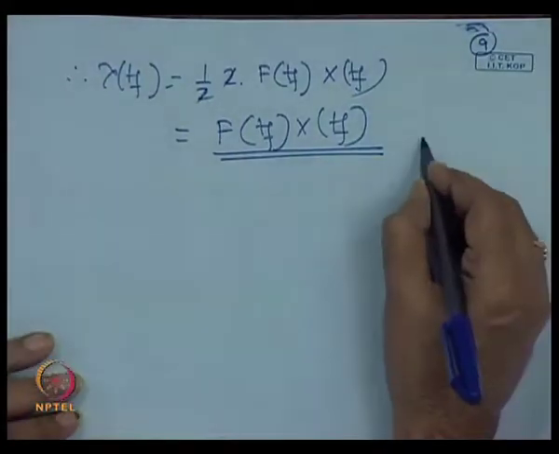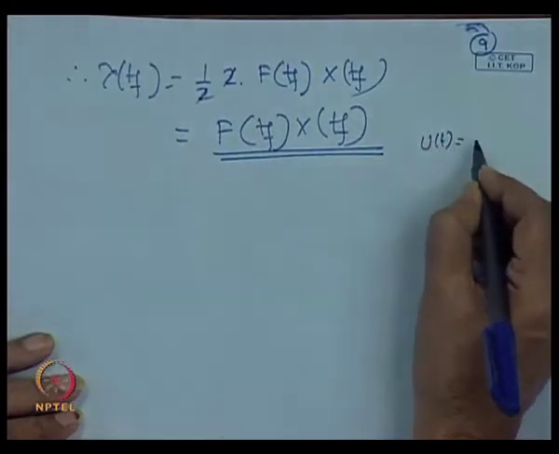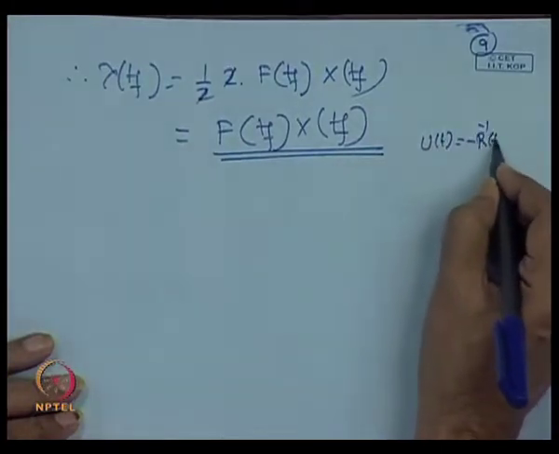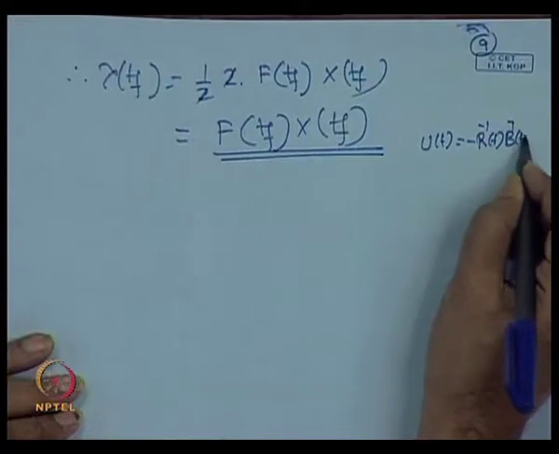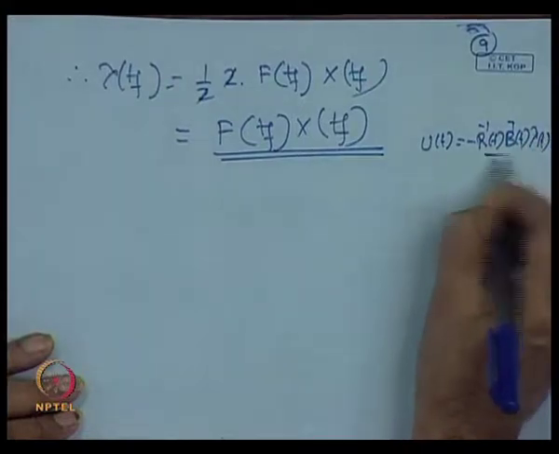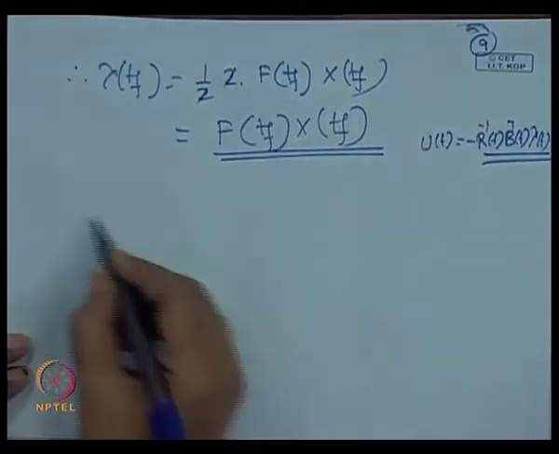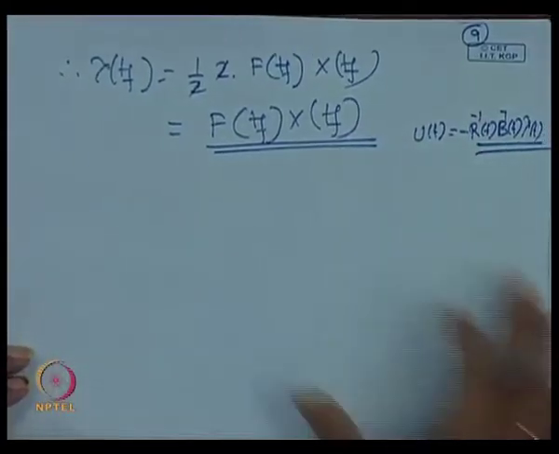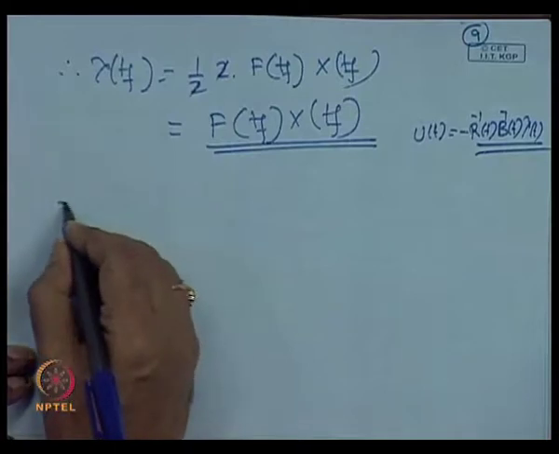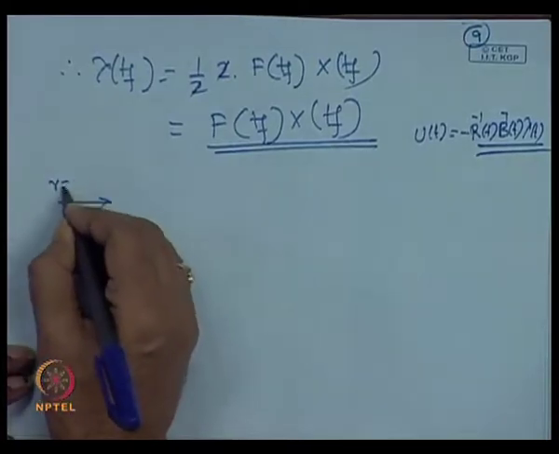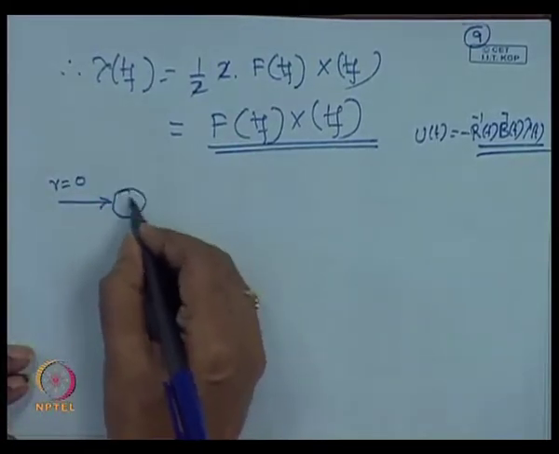If you do the block diagram representation of this one, now we can find out our control law. Our control law is minus R inverse B transpose of lambda of t. If you know the solution of lambda of t, then I can find out the control law. Let us draw the block diagram of this representation. Our reference input we have considered 0, because of the initial condition.